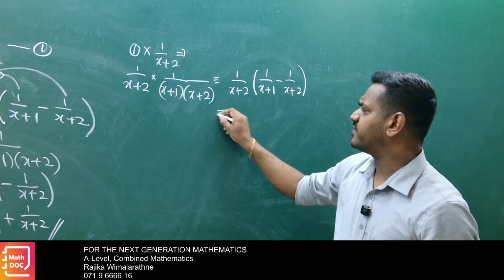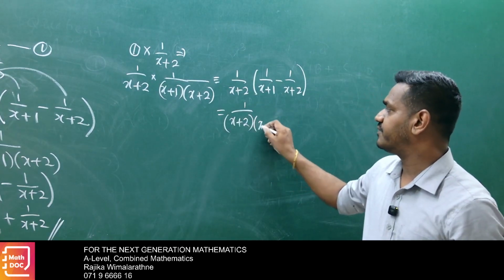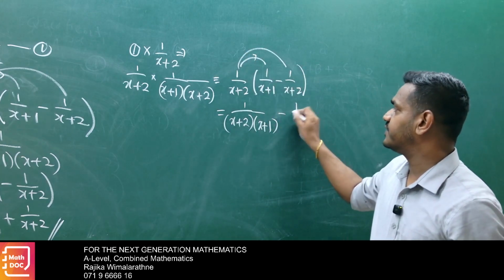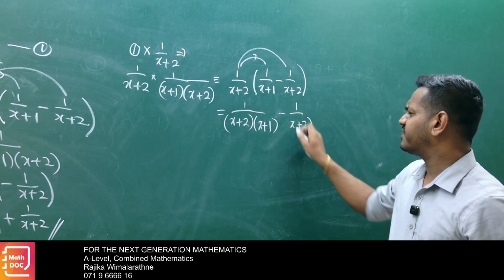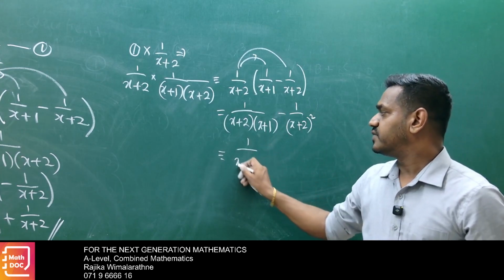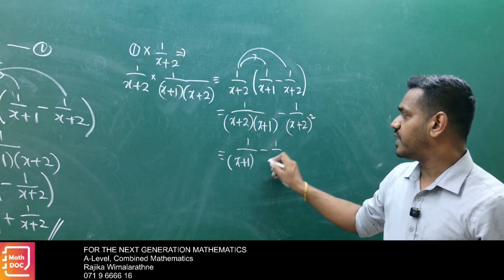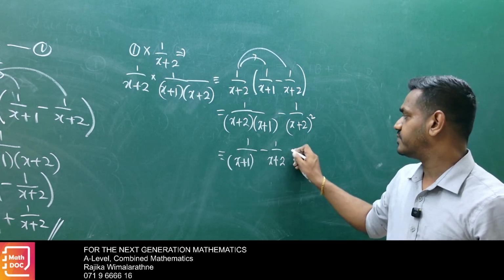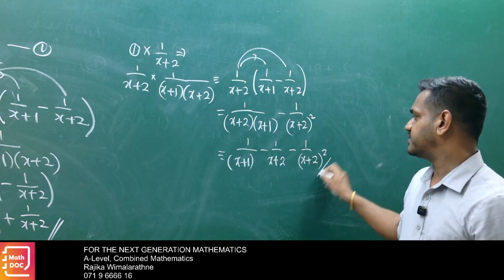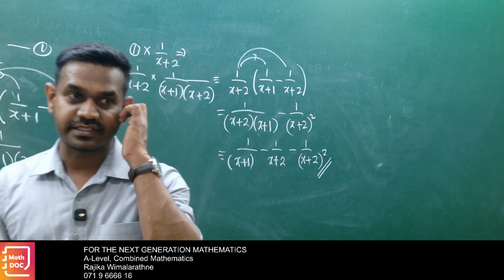Then further expand: 1 over (x plus 2)(x plus 1) minus 1 over x plus 2 squared. Then for this one again we know partial fractions: 1 over x plus 1 minus 1 over x plus 2 minus 1 over x plus 2 squared. Here the partial fraction. Okay, that is our partial fraction.